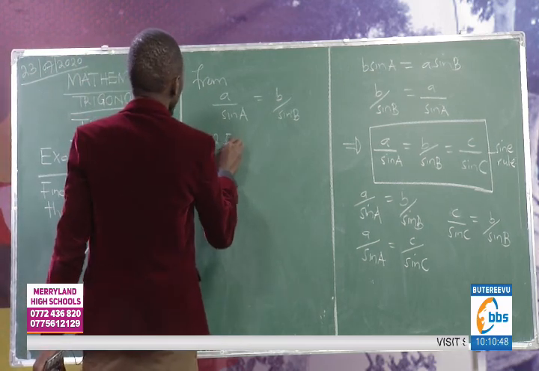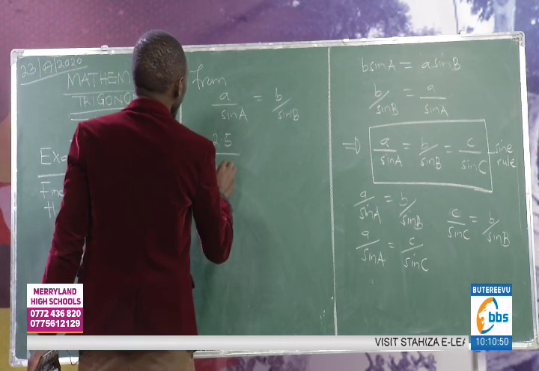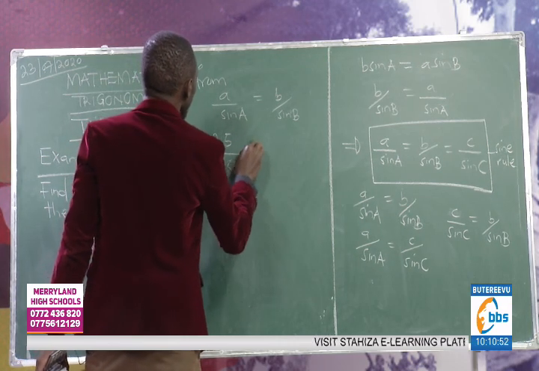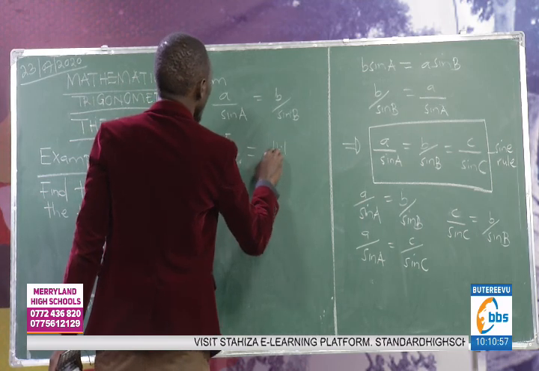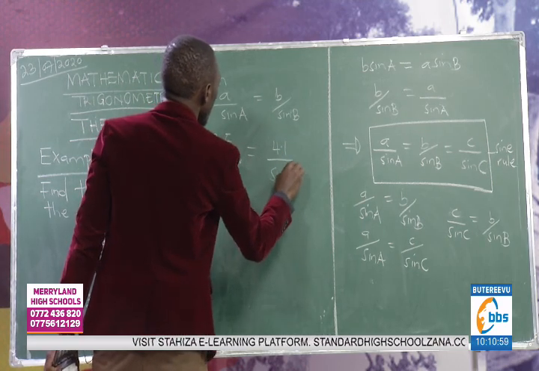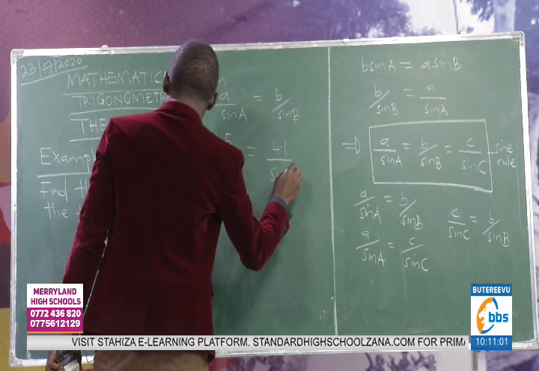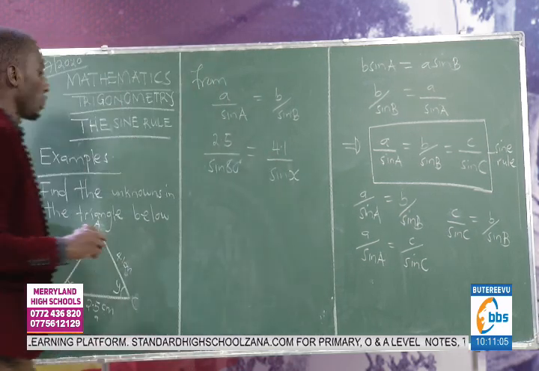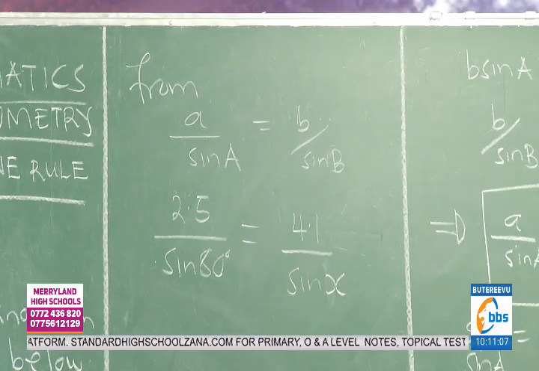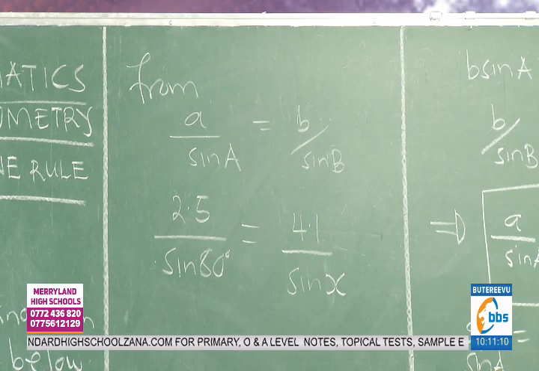So I'll have 2.5 out of sine of 80 degrees, equal to my b, which is 4.1 out of sine B. I don't have this angle B, but the angle is given as x, so I can say sine x. If you have only x as the unknown, you can get x.